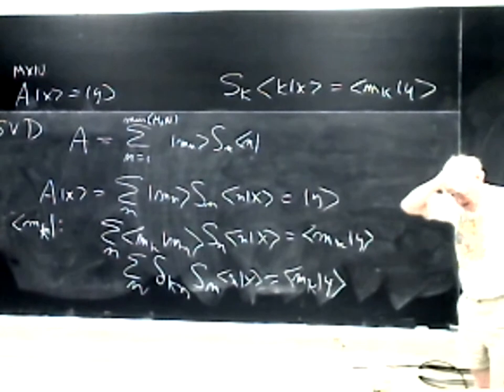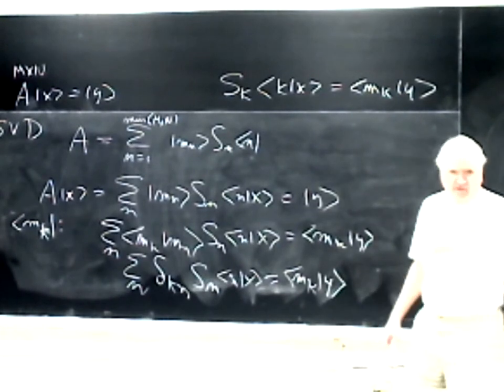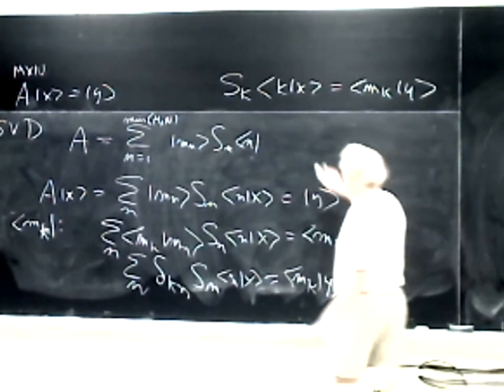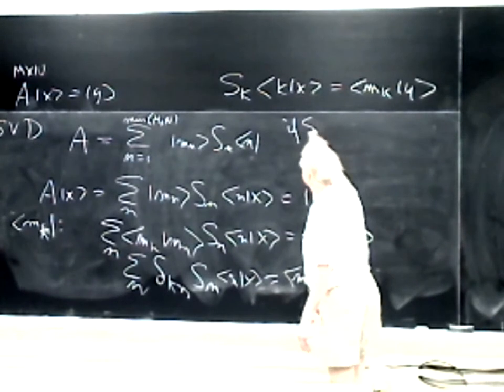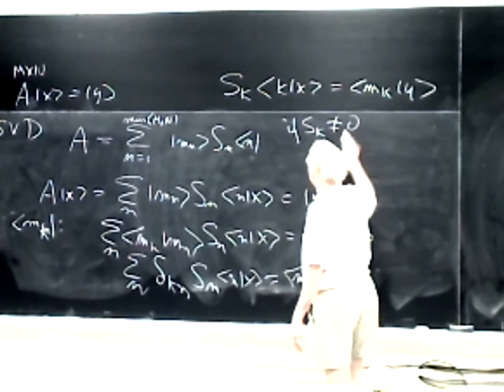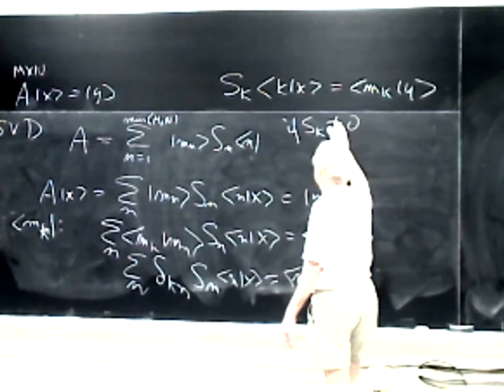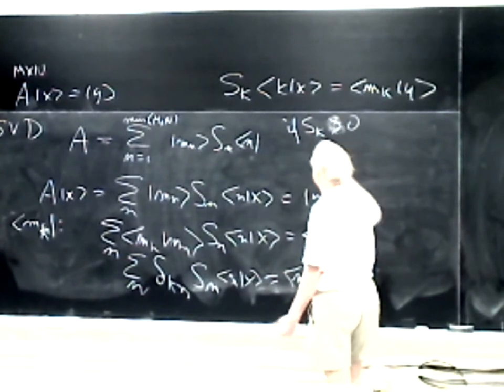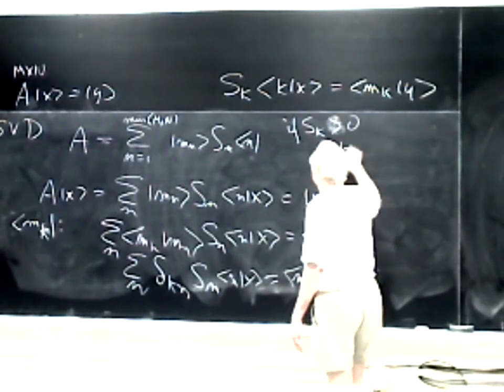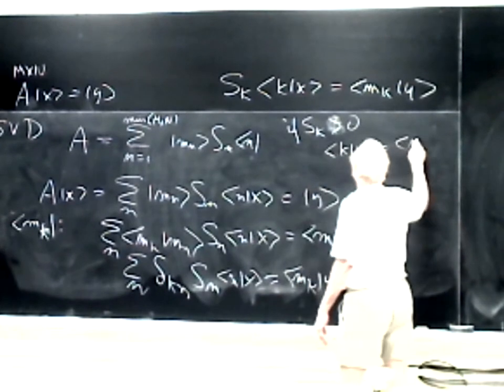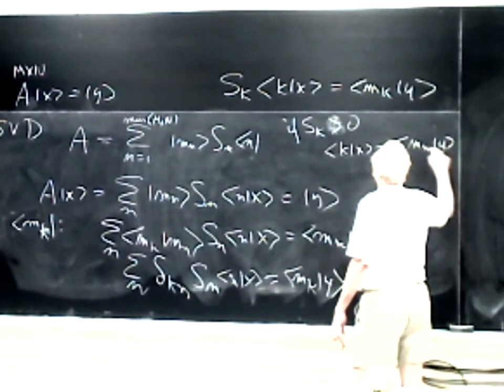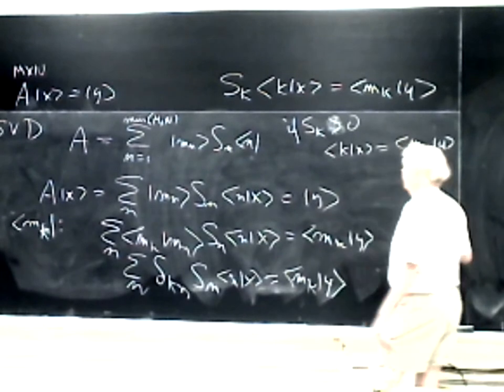Okay. Now, if s k is non-zero, then we just divide through. We know it's non-negative, so if it's actually positive, we have x equal to m k y divided by s k.